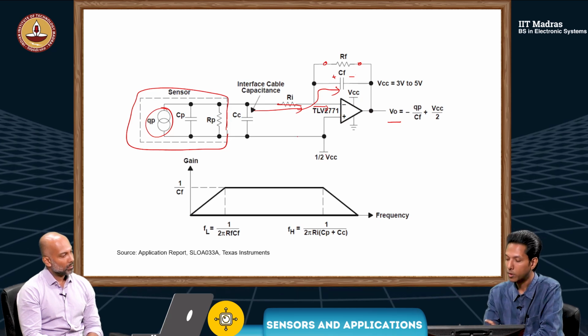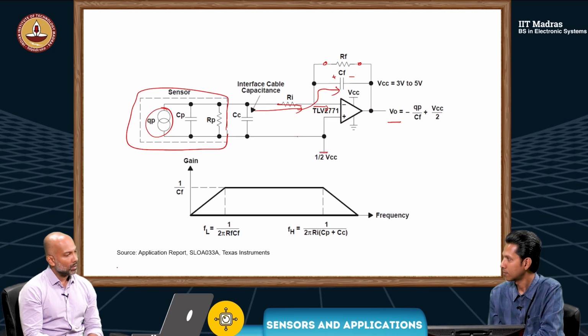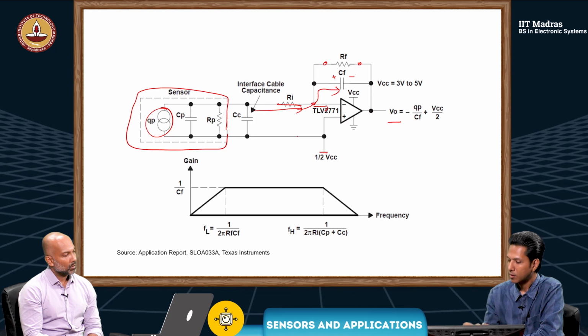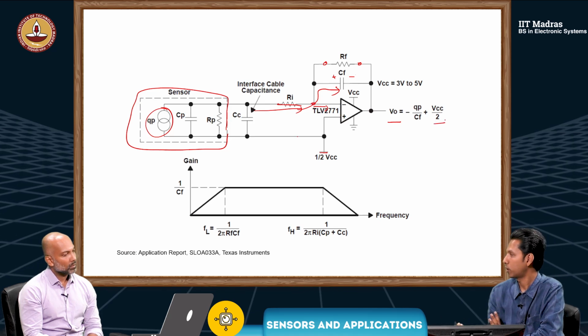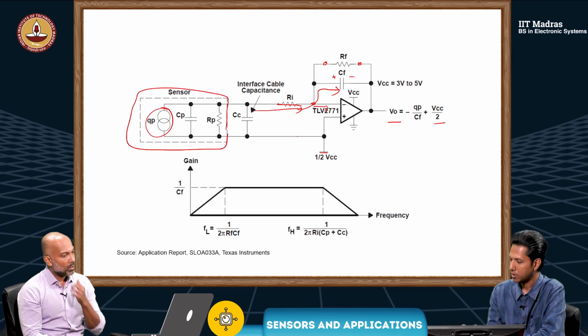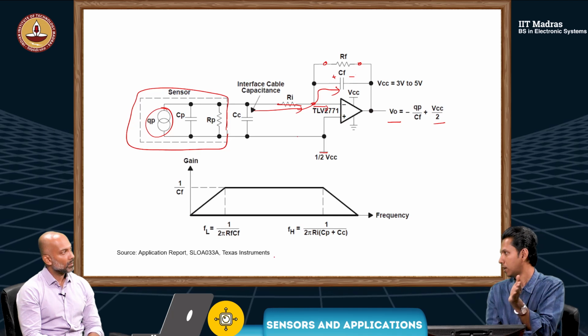So, what you do is you shift this voltage by half VCC. This is also at half VCC, so you will have VCC by 2 already at the output when no charge is there. That's like an offset. From there the output changes up or down.